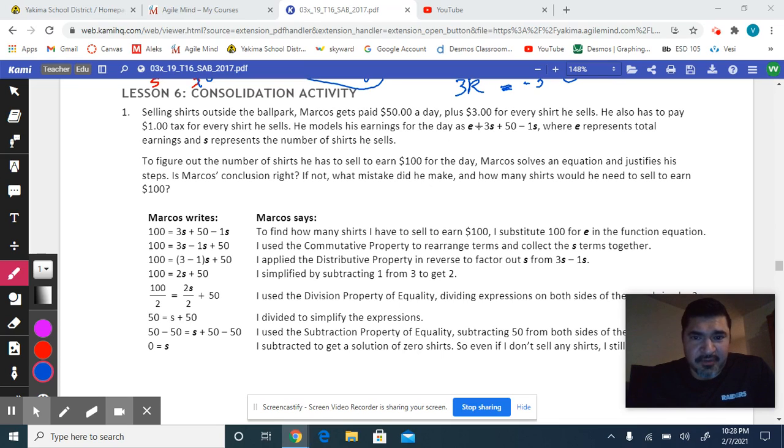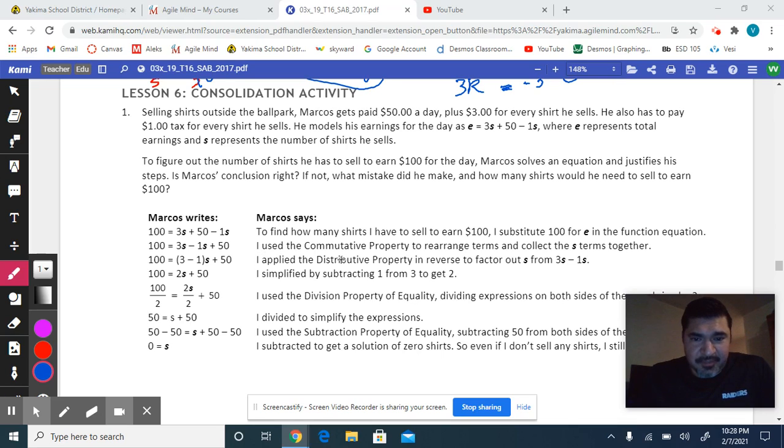Looking at our equation, remember E is for earnings, and he wants to earn $100. So in place of E, they put 100. It says, to find out how many shirts I have to sell to earn $100, I substitute 100 for E in the function equation. Let's see what the next part says.